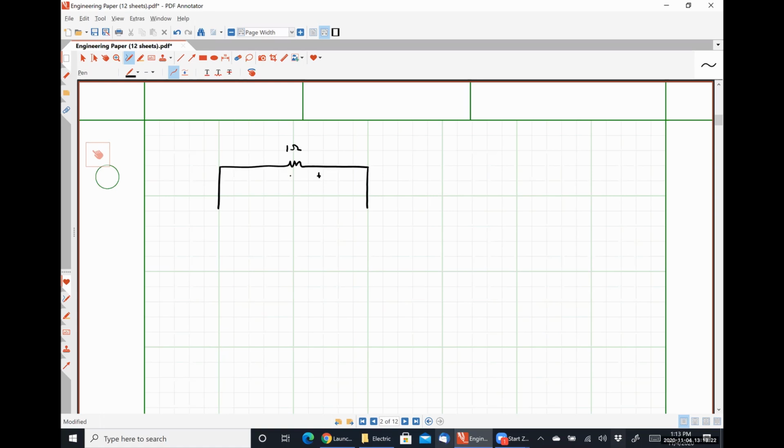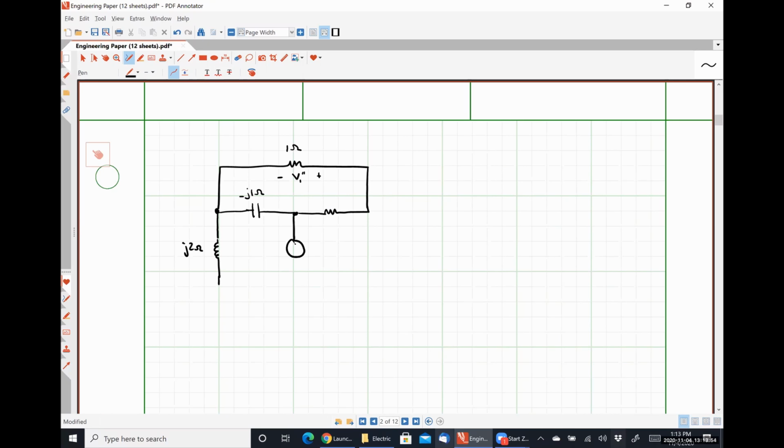Ohms plus V1 double prime, minus J1, J2.